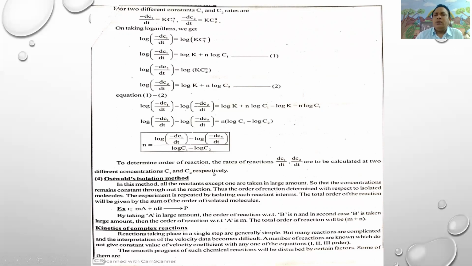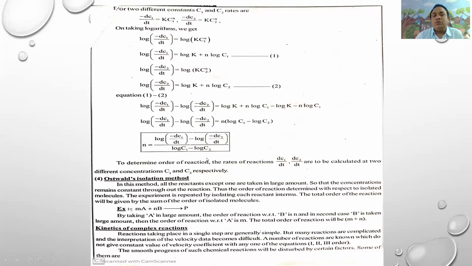Here, at different concentrations of reactants C1 and C2, we can calculate the rates of reaction dC1 by dt and dC2 by dt. Substitute these values in the above equation, that is n equals (log(minus dC1 by dt) minus log(minus dC2 by dt)) whole by (log C1 minus log C2).